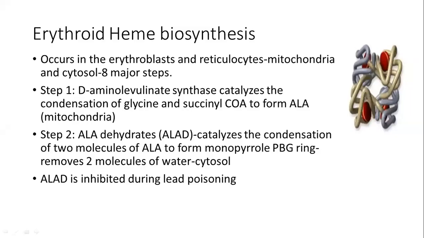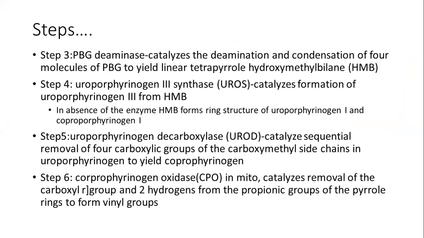Okay. And then step number 5 requires that you use uroporphyrinogen decarboxylase, or UROD. The other one was UROS. It catalyzes sequential removal of carboxylic groups from the carboxymethyl side chains, leading from uroporphyrinogen III to coproporphyrinogen III.